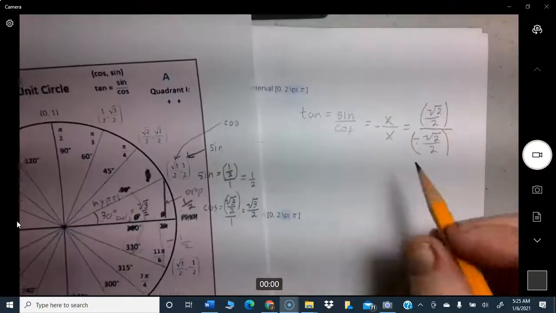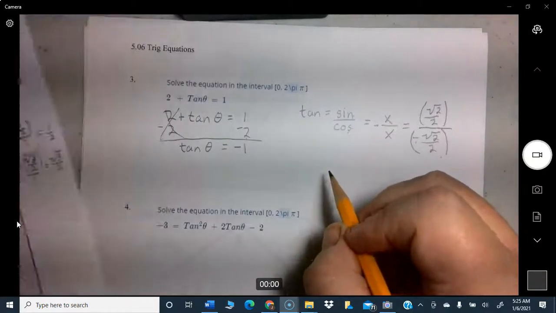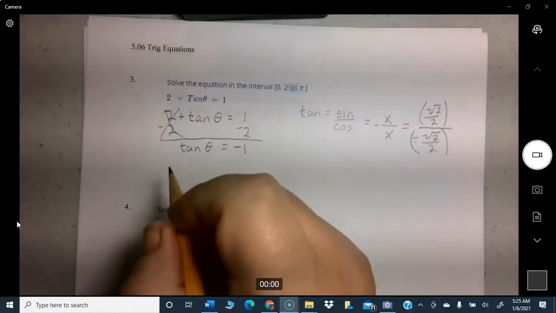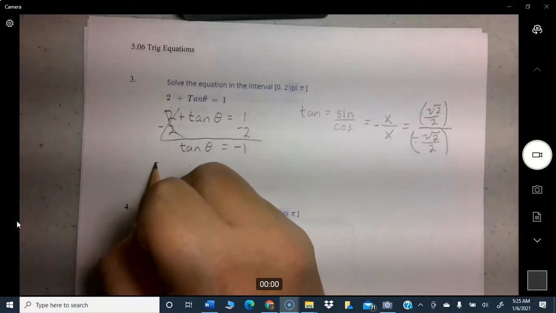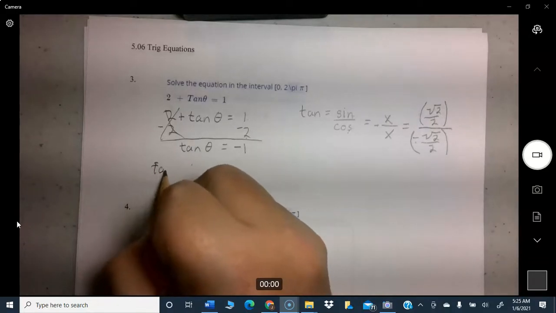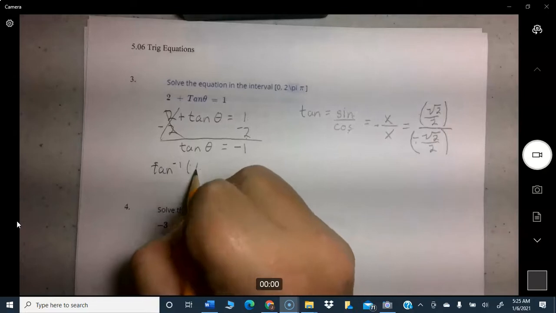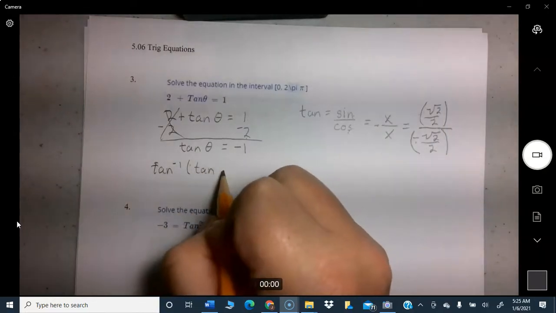So the answer to this is that theta, what we should write it properly is that arctangent, you could have done this on a calculator as well.